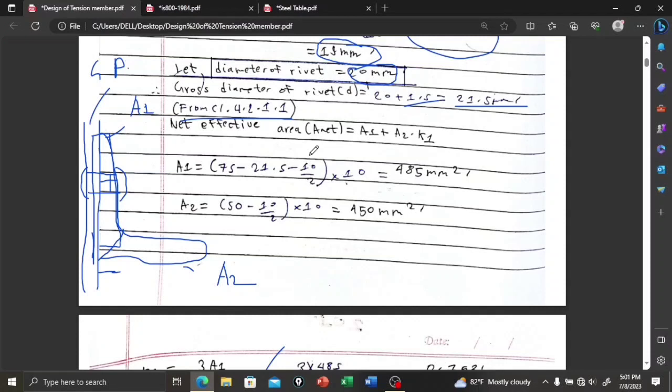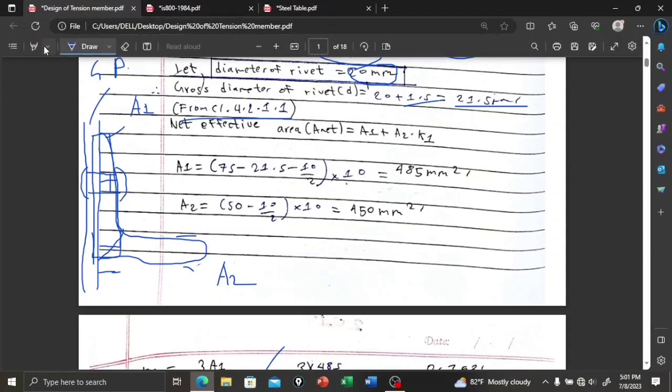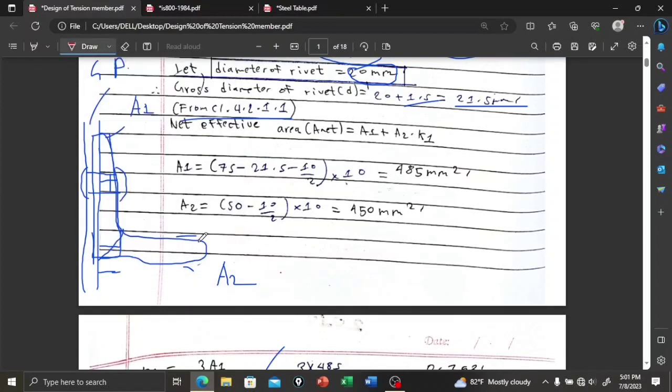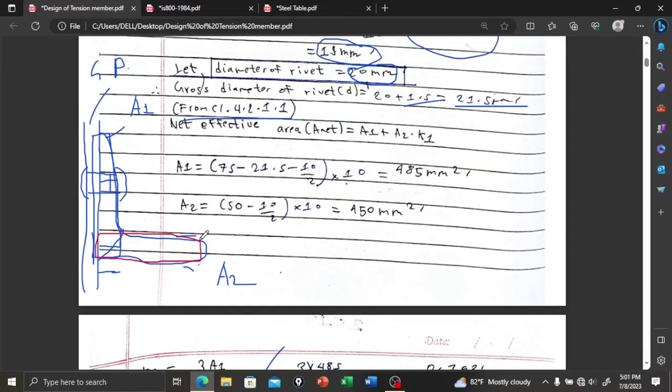If we do not reduce this, then it will be like this, and A2 will be this. So this will be taken twice.